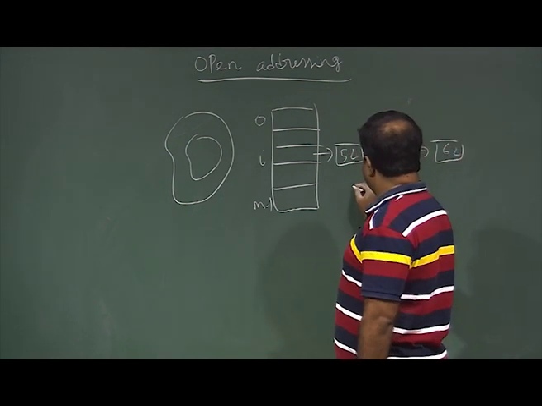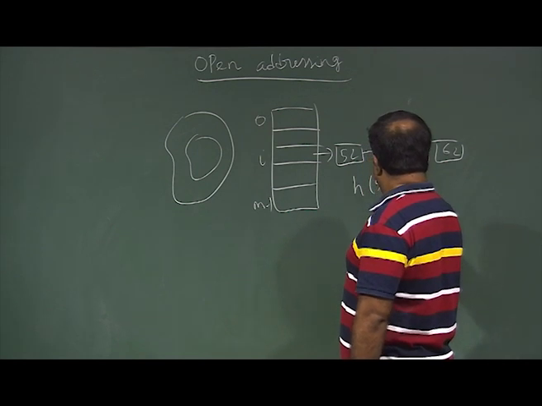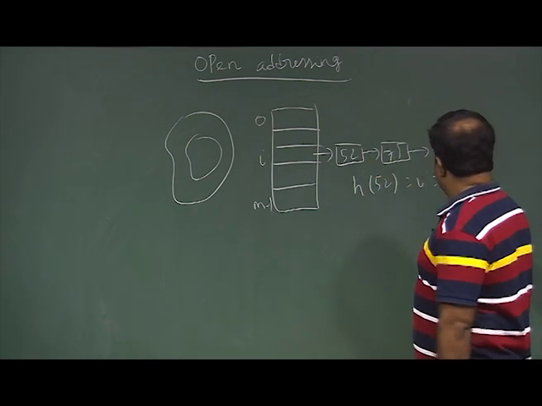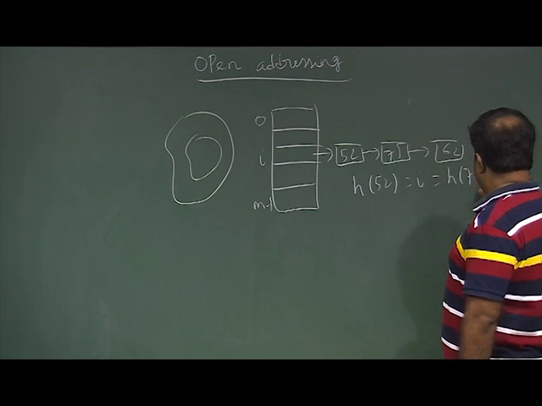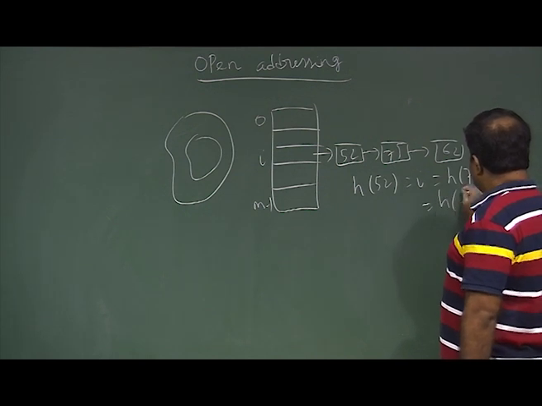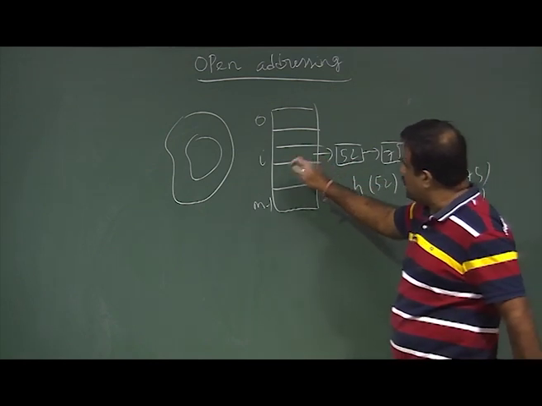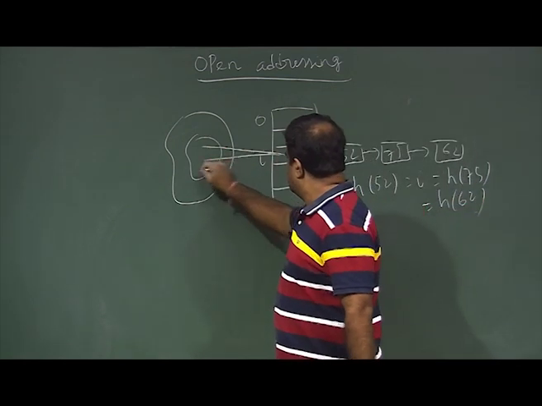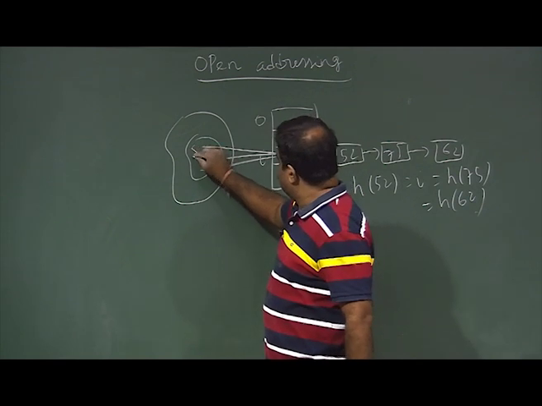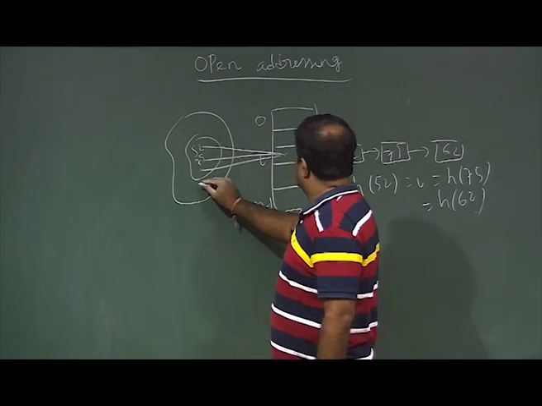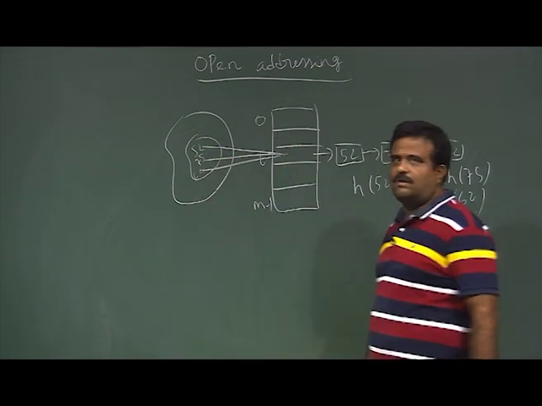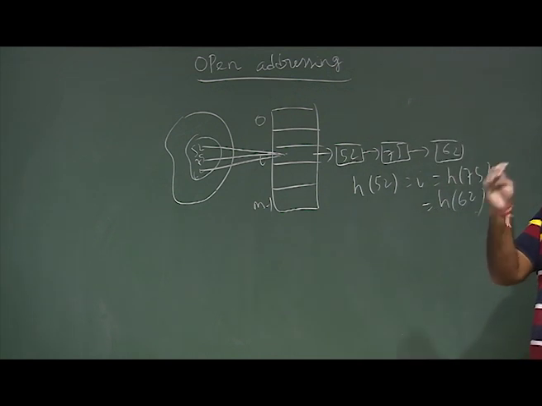So, H of 52 is equal to i is equal to H of 75 is equal to H of 62. These are the keys, all mapping to the same ith slot.